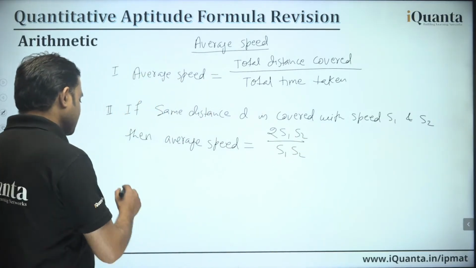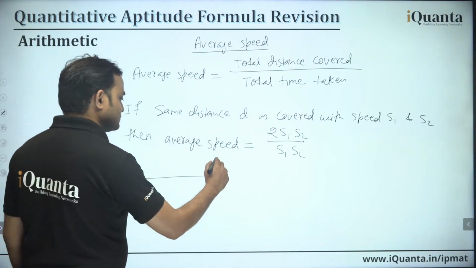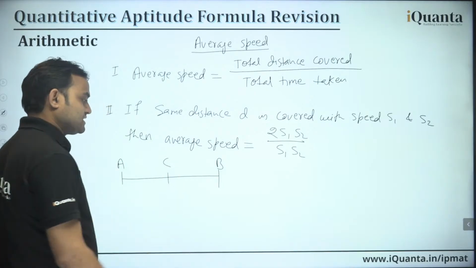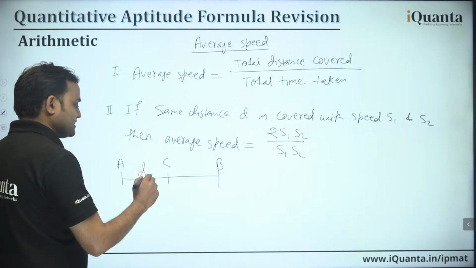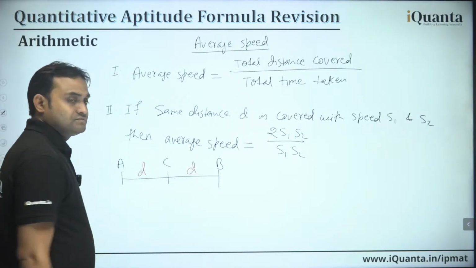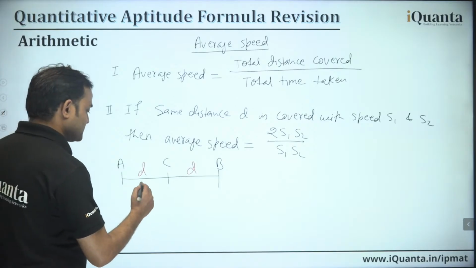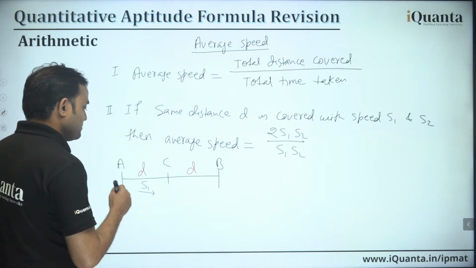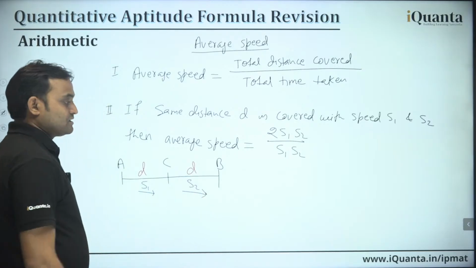If a person is going from point A to B, there is a point C in between. The distance between A to C is D. The distance between C to B is also D. And this person's speed is S1 between A and C, and the speed is S2 between C and B. Then you can use this.